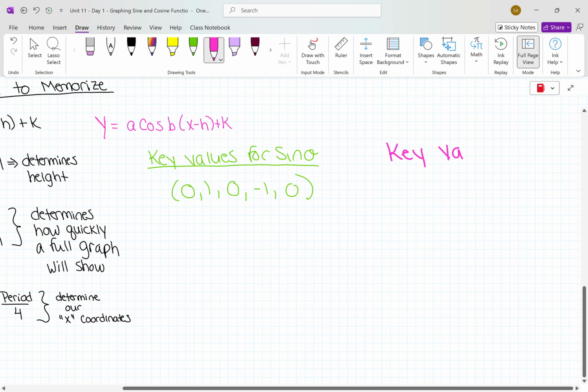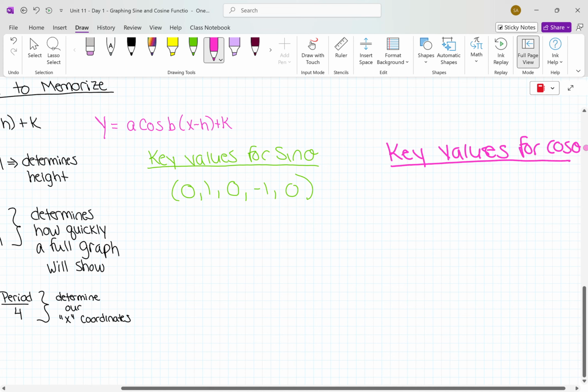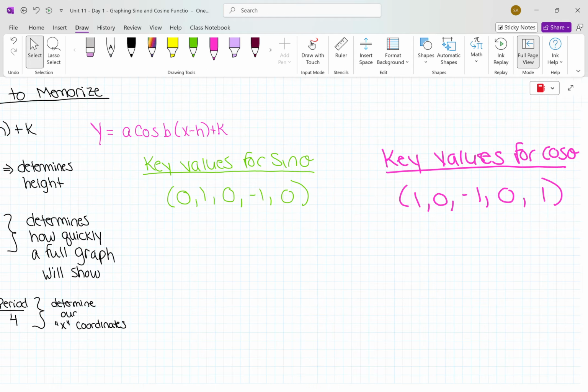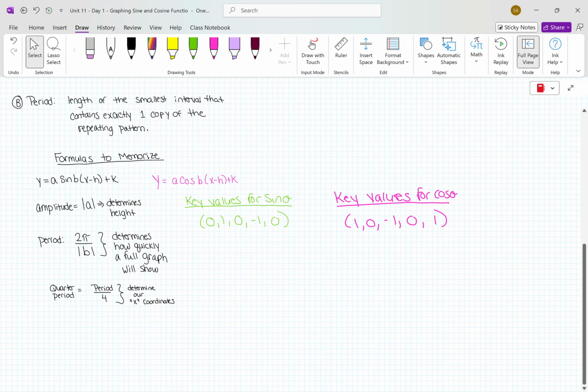And the key values for cosine theta will be the point 1, 0, -1, 0, 1. And this is everything you need to memorize for the whole unit. This is everything you need to memorize. And now I'll show you how we apply these.